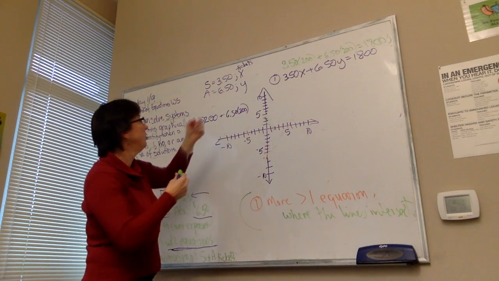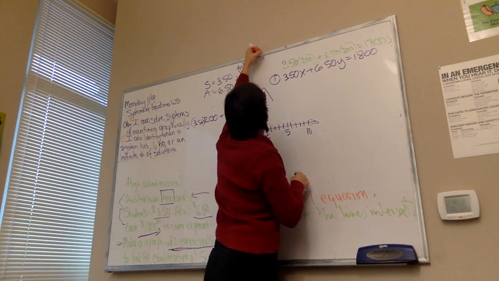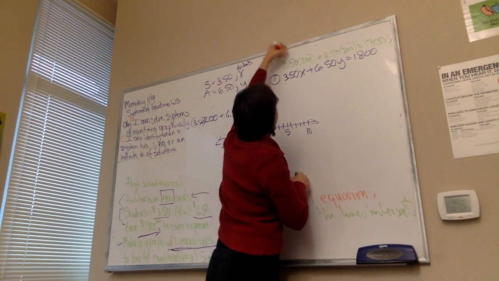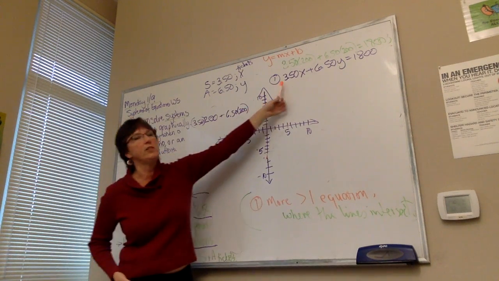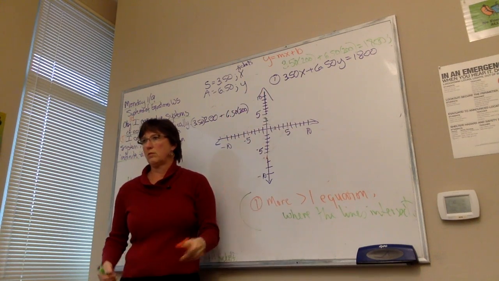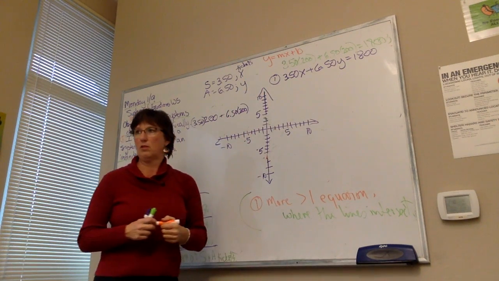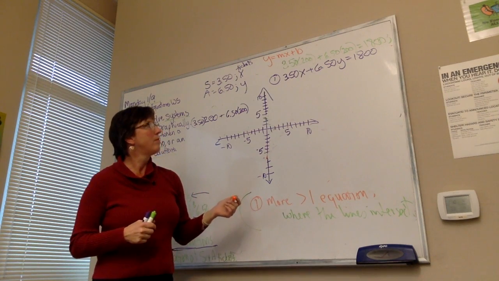So, Colton, what's slope-intercept form? y equals mx plus b. Excellent. Can we change this around so it's in this format? Can't you just switch 650y and 350x?